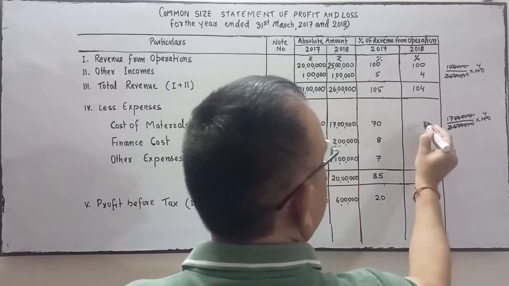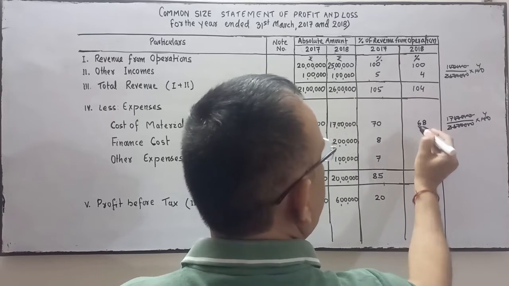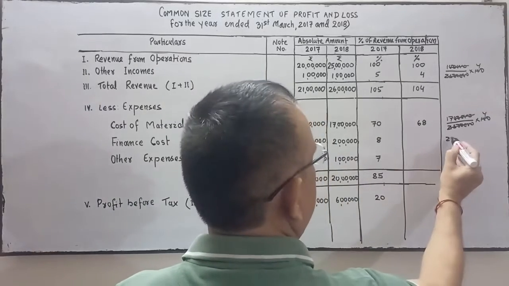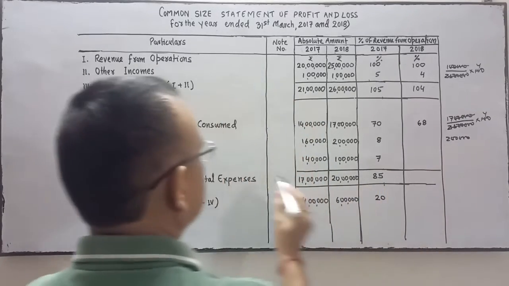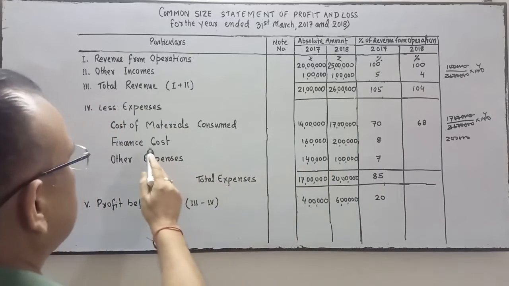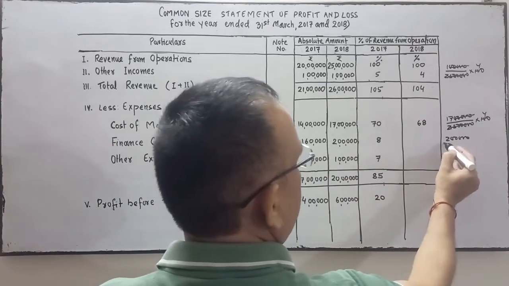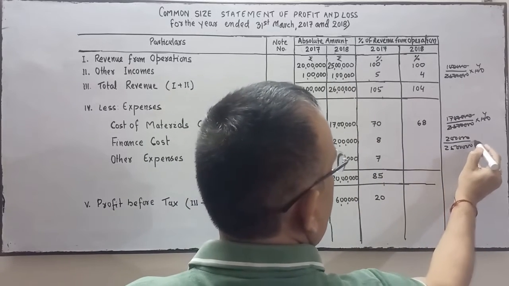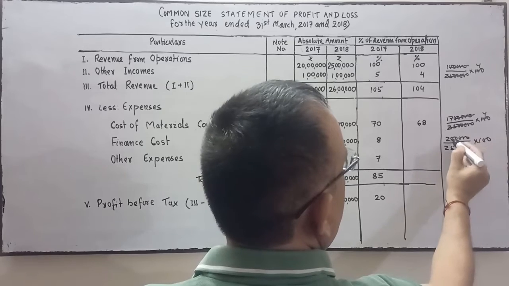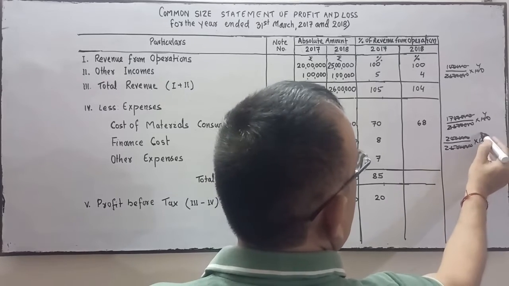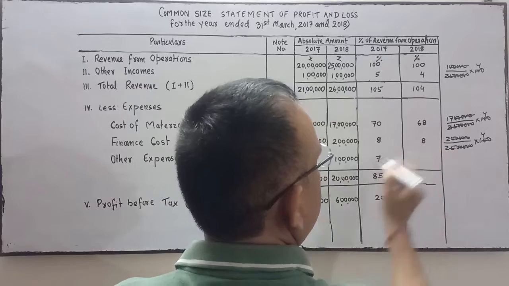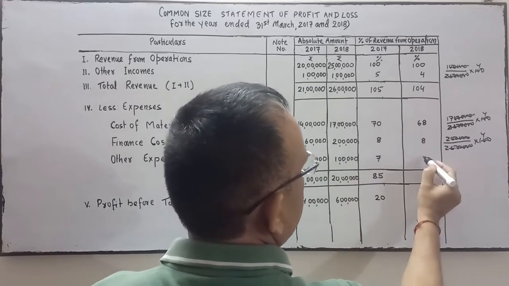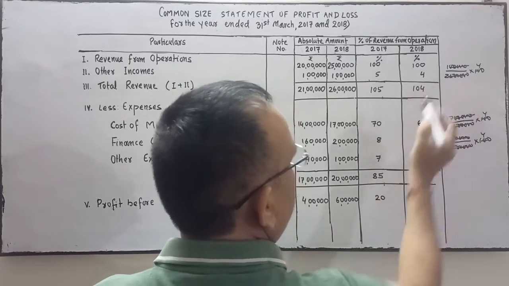So it is 68%. Then 2 lakhs is your finance cost, upon revenue from operation 25 lakhs into 100. So it is 8%. Again 1 lakh upon 25 lakhs, 4%.